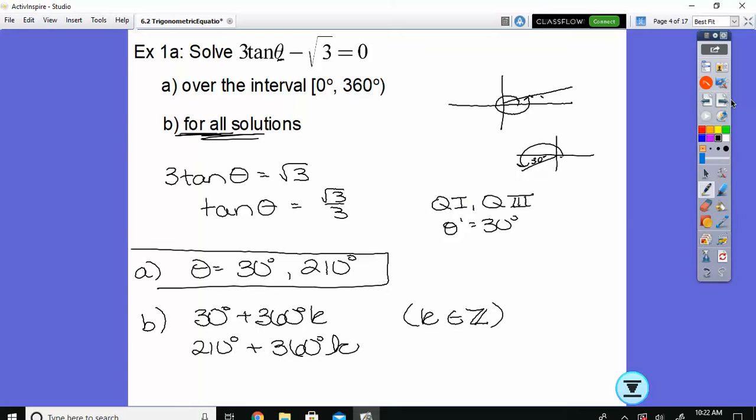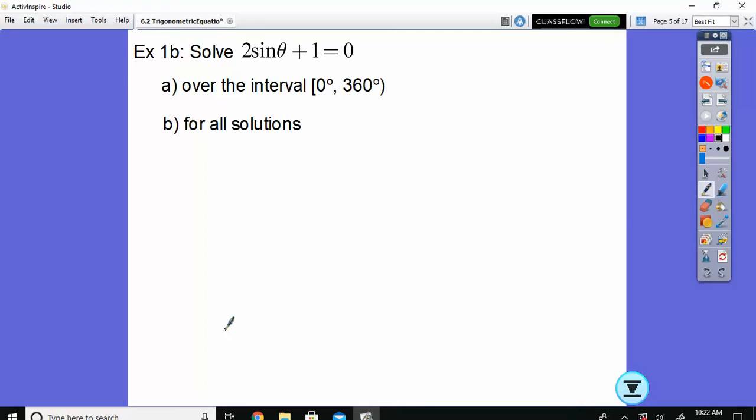Okay, let's do another one like that. So what would we do first? Okay, so this is not sine inverse, so I want every quadrant on the unit circle that makes sine negative. So that would be?